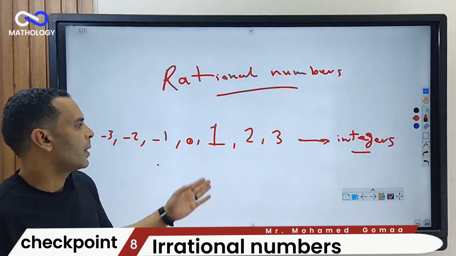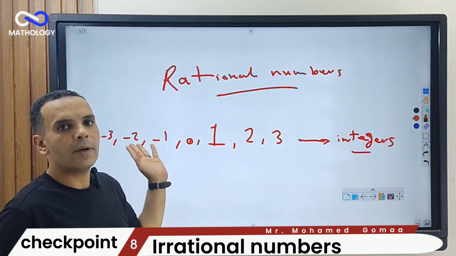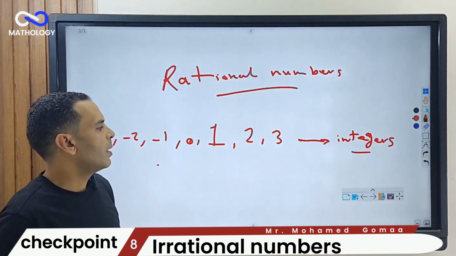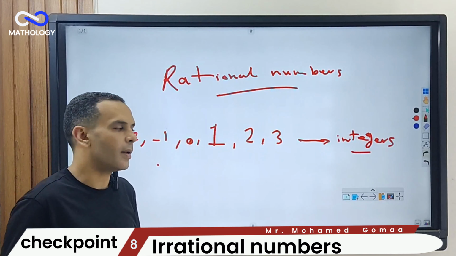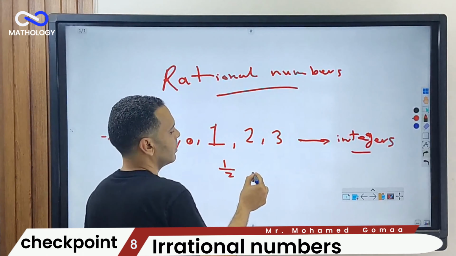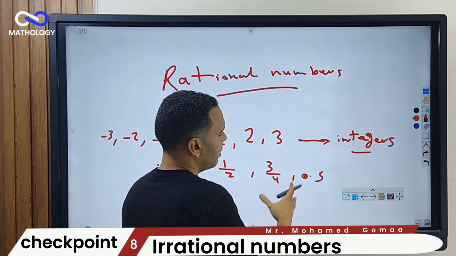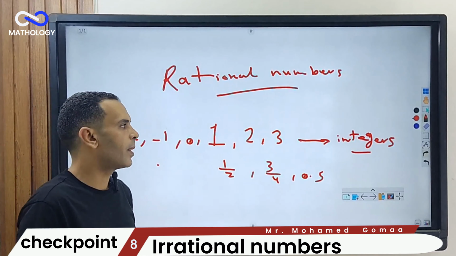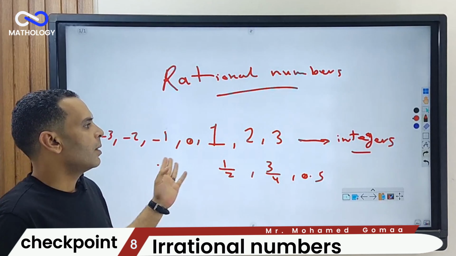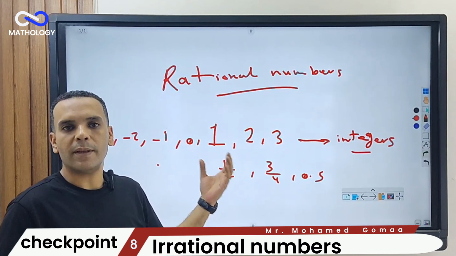Okay, if we add the fractions or the decimals like 1 over 2, 3 over 4, 0.5, all of these numbers are called rational numbers. Rational numbers include all the integers, all the fractions, all the decimals.